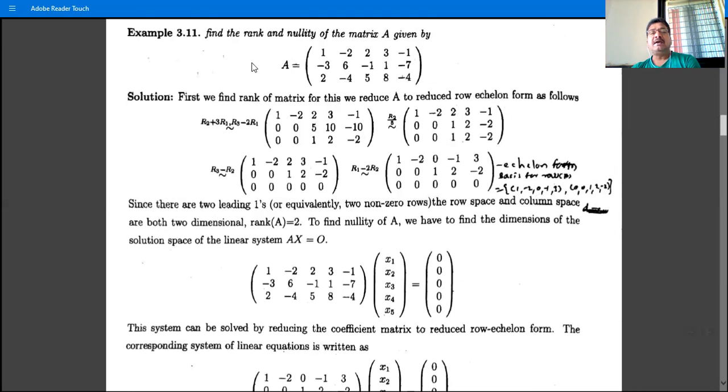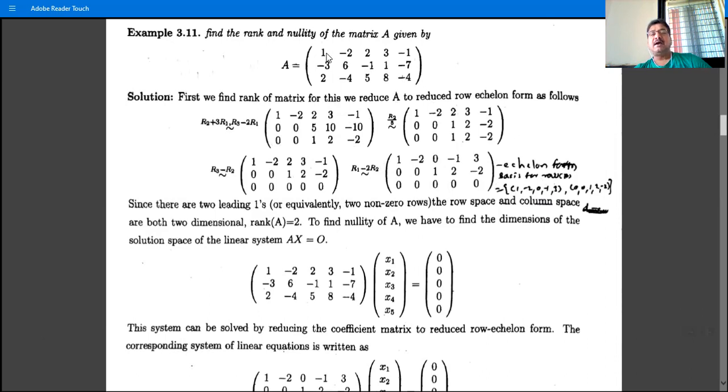Or in order to find the rank of the matrix, we also find the dimension of the column space of A. In order to find the dimension of the column space of A, we have to reduce this matrix to reduced row echelon form. Column number 1 and 3 contain a leading 1, and therefore what is the basis for the column space of A?